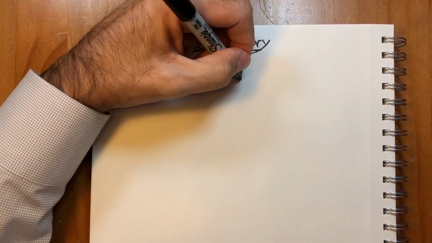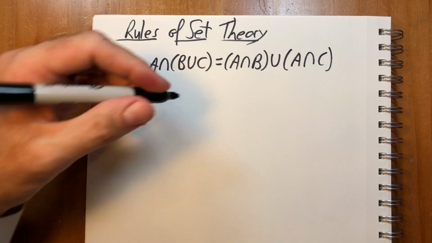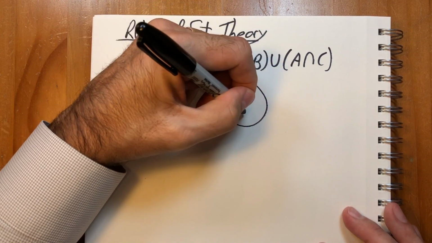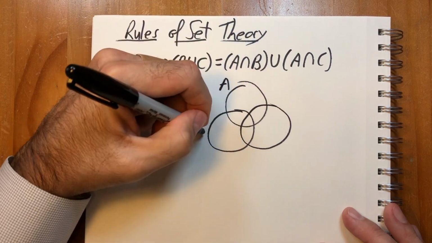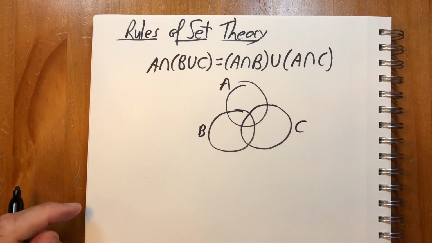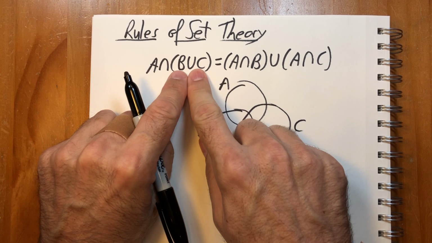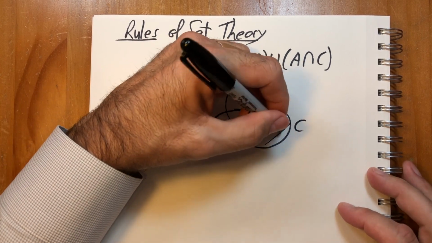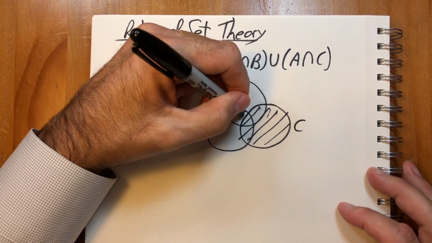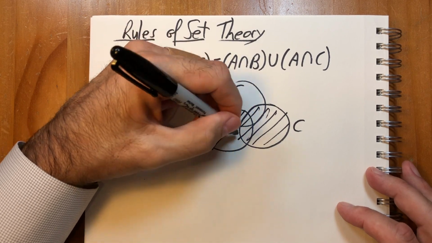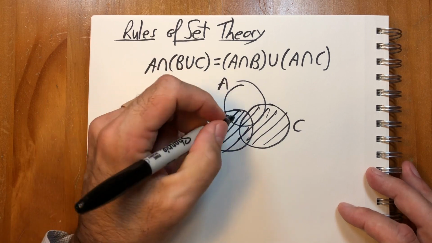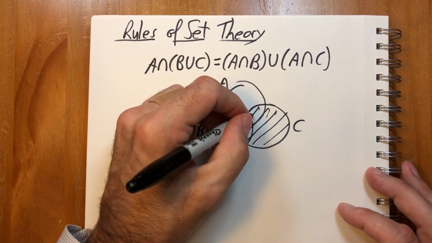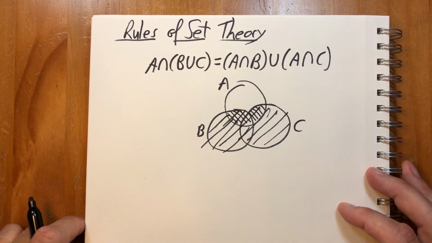Okay, the rules of set theory. So intersection distributes over the union. So if we have three overlapping circles, B union C is everything here. And then A intersected with that is just this part, right?